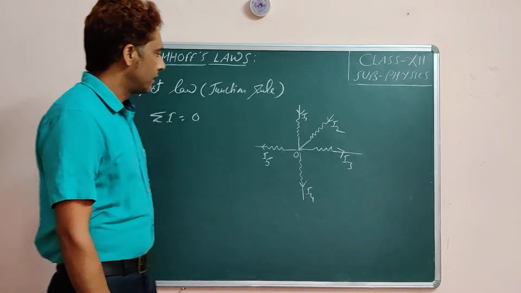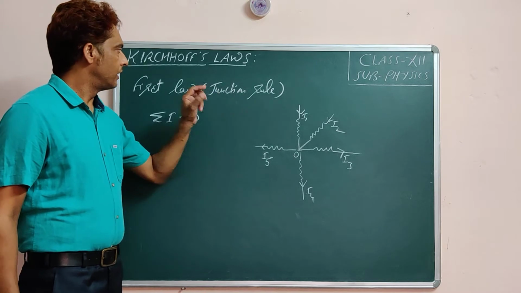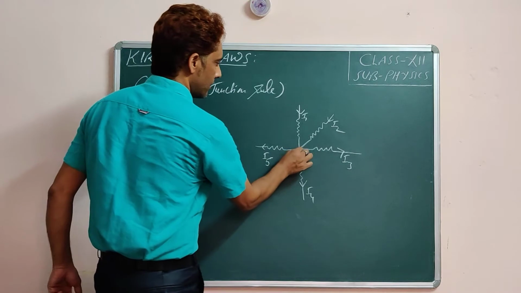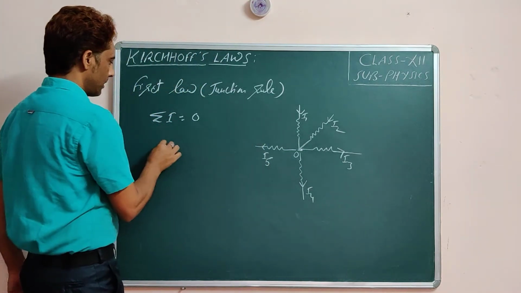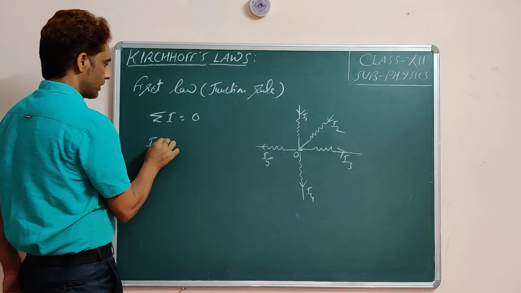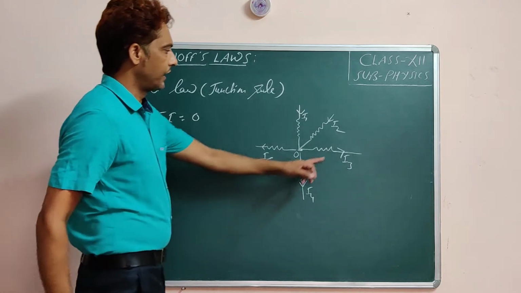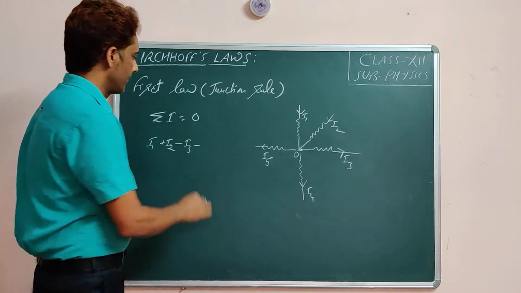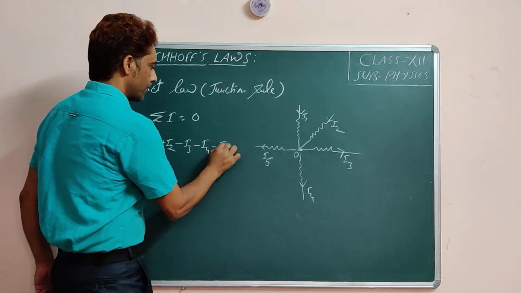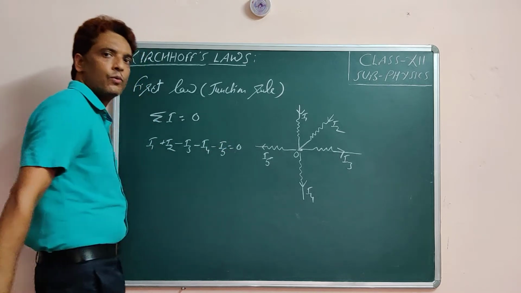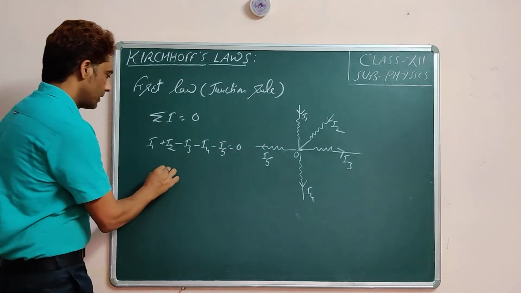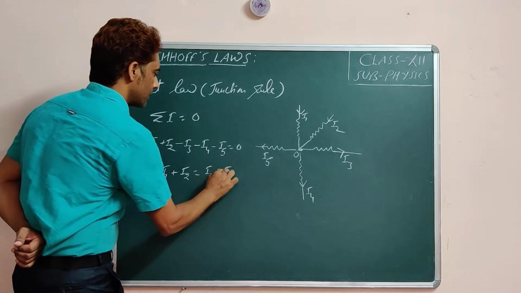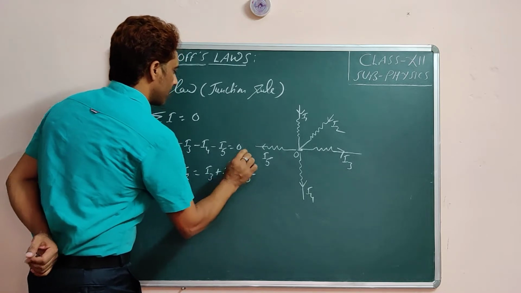So in this case, if I apply Kirchhoff's first law to this junction, then we will write I1 plus I2 minus I3 minus I4 minus I5 equal to 0, or we can write it as I1 plus I2 is equal to I3 plus I4 plus I5.